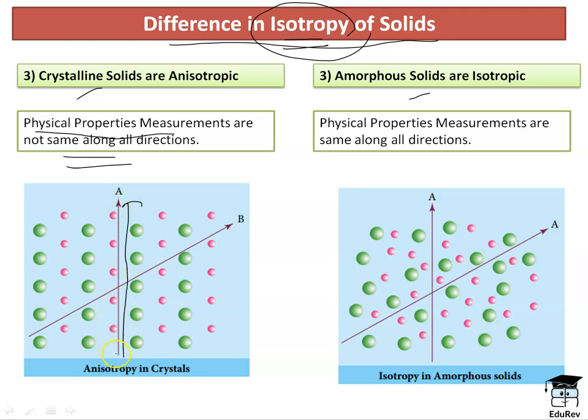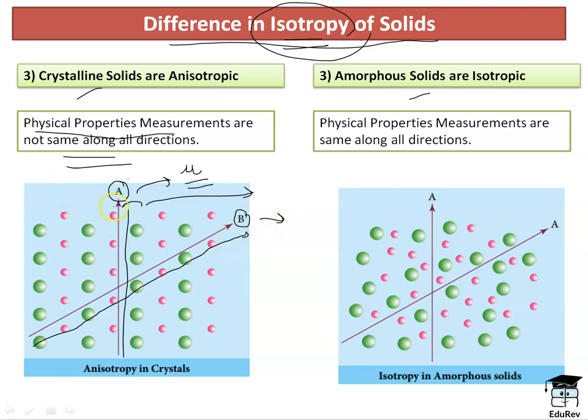For example, let's say we measure the refractive index, represented by the symbol eta, along this axis A and we get some value, and when we measure it along axis B we get another value.